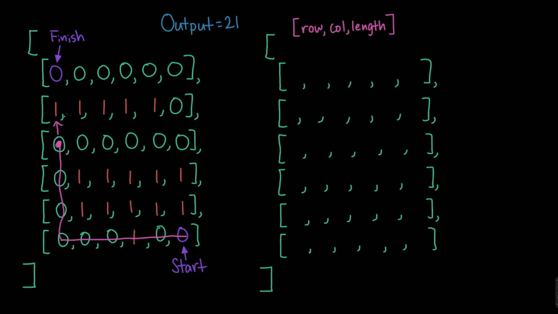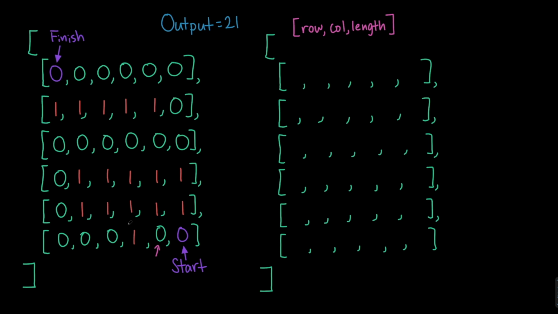So 1, we can't just immediately skip once we find a 1. But 2, we also need to track how many walls we have already gotten rid of. And we need to know that for every node, right? So at this point, we would want to say, okay, we've removed 0 walls. At this point, we say, oh, we removed a wall. At this point, we still need to know, hey, in the past, we've removed one wall, and all of these values should have 1 right here.